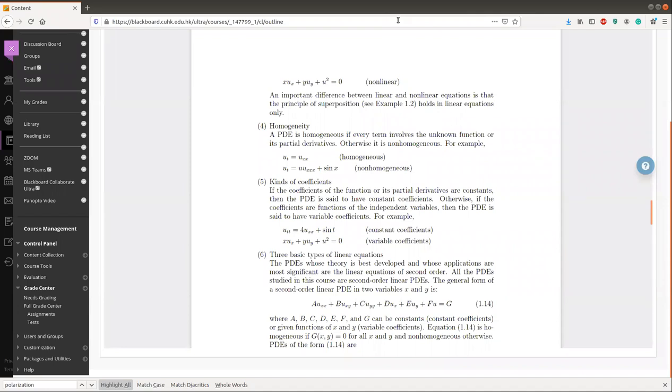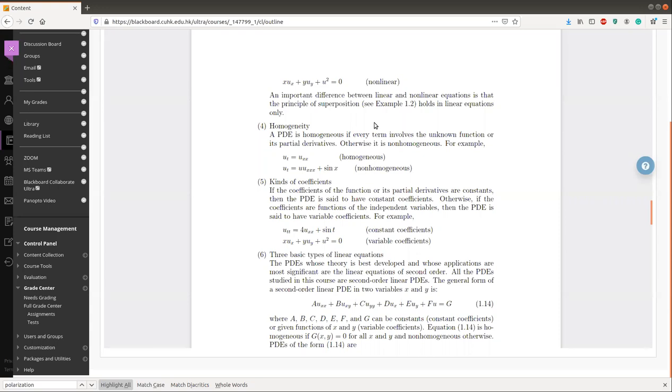If we say dependent variable, that just means u. I thought it may mean 3x or 4x.